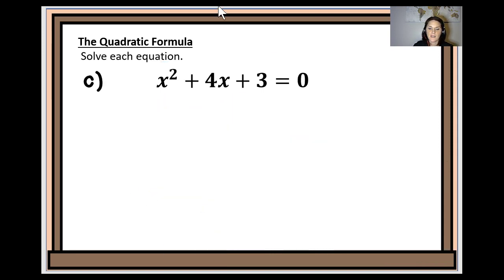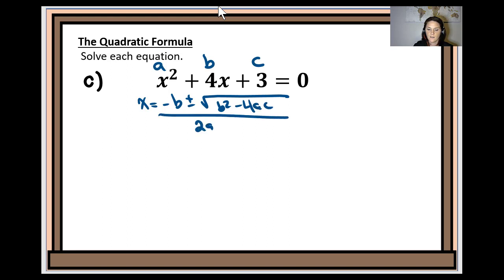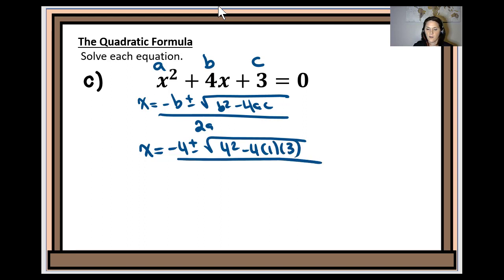So this time the a is 1, b is 4, and c is 3. So x equals negative b plus or minus the square root of b squared minus 4ac all over 2a. So x is equal to negative 4 plus or minus the square root of 4 squared minus 4 times 1 times 3, all over 2 times 1.